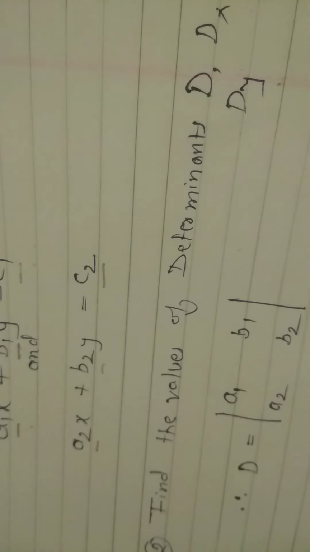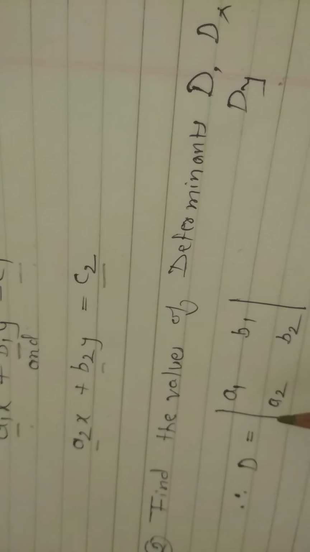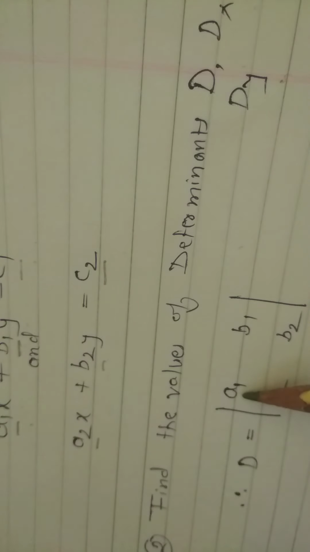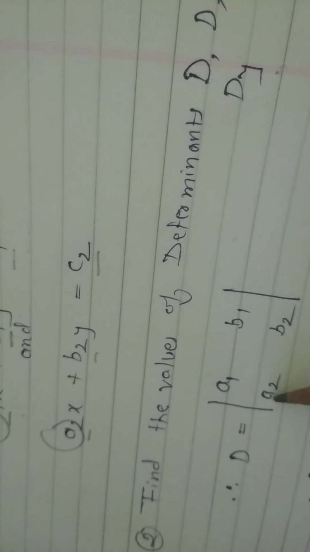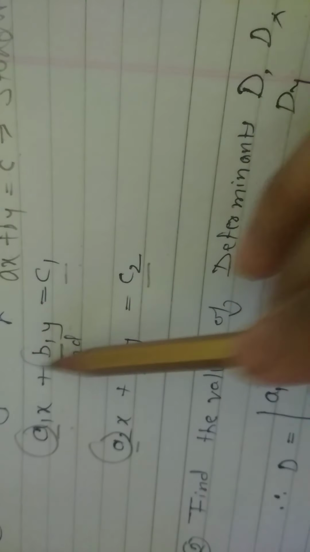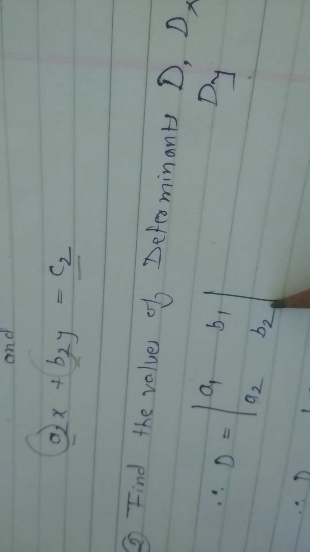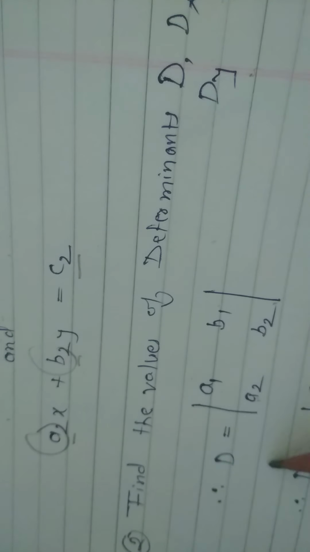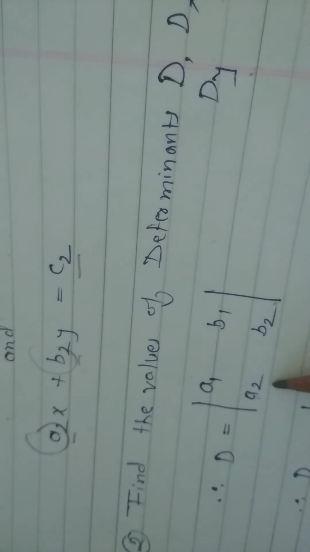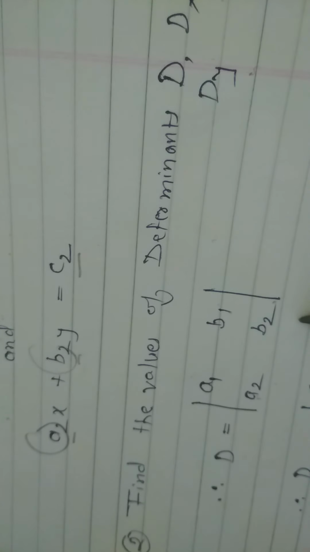Here I have written the determinant D. We write the coefficients of both linear equations, a1 a2, and then the coefficients of y, b1 and b2. So the determinant D is a1 a2 b1 b2. To find the determinant D, we write the simple coefficients of x and y. Remember.